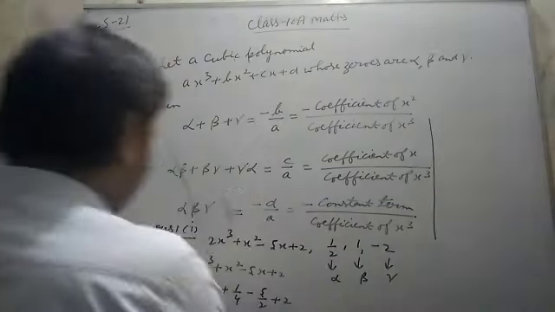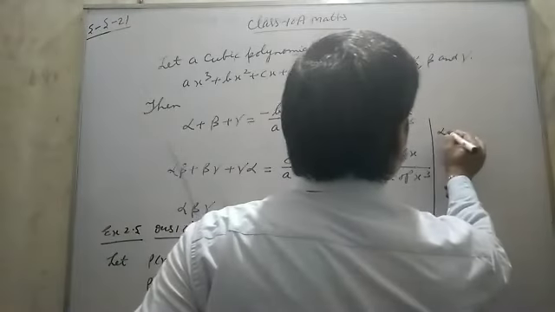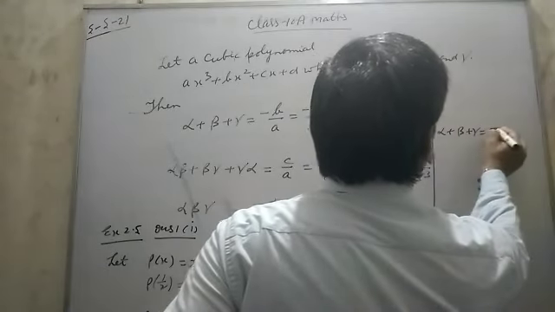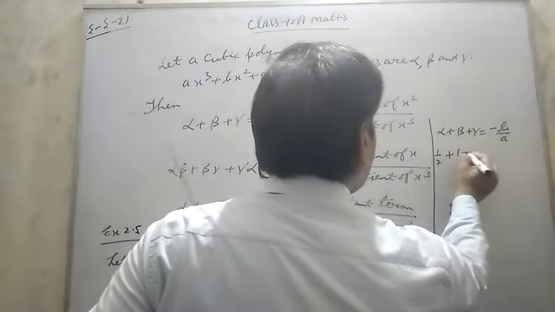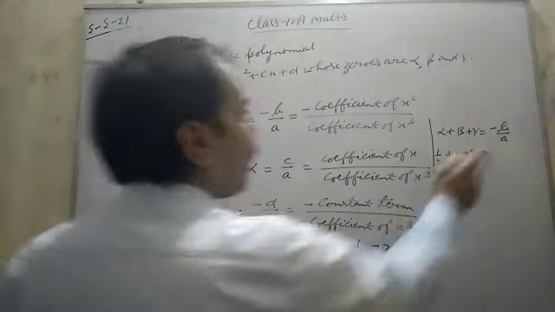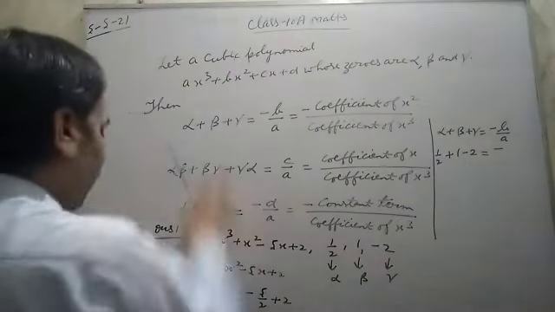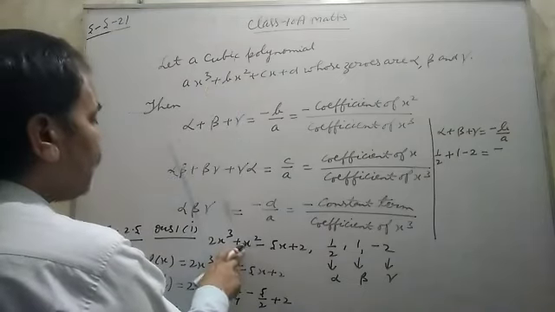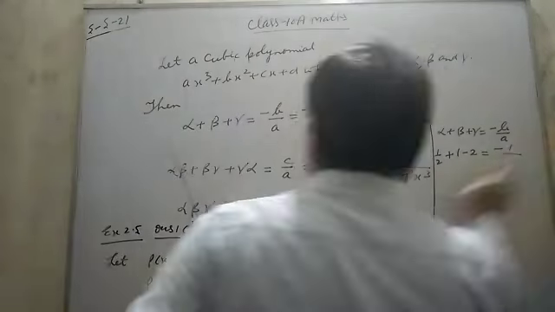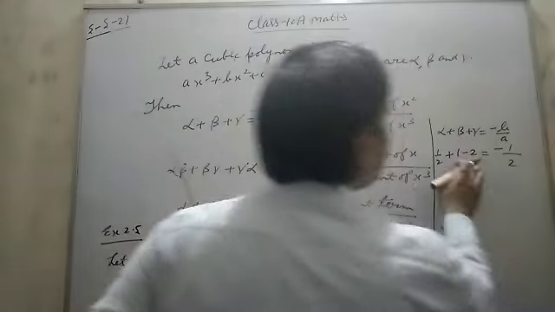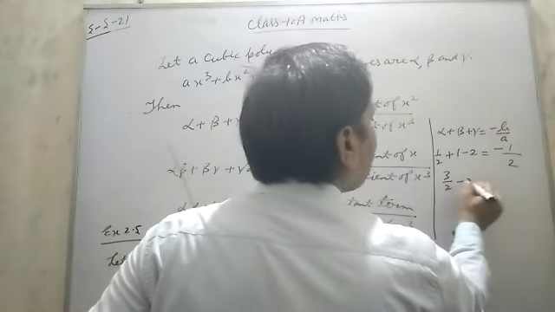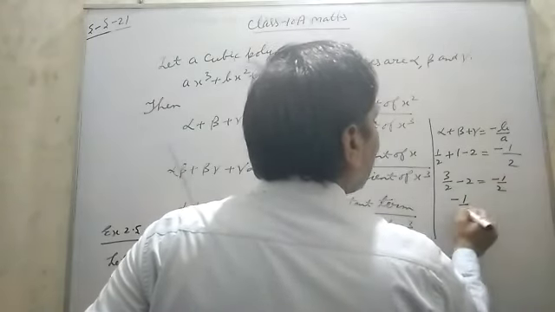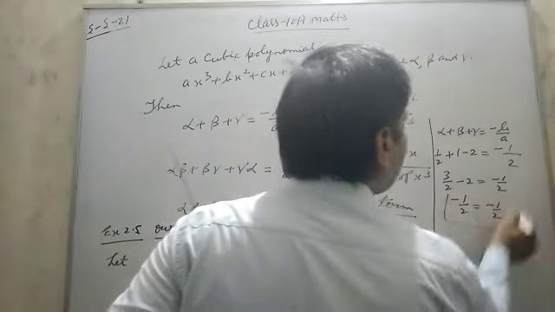So relationship, here you verify first alpha plus beta plus gamma equal to minus b upon a, and alpha beta gamma, 1 by 2 you will take here plus 1 minus 2, okay, minus b, compare the given polynomial with this polynomial. So b is 1 and a is 2. So 1 by 2 plus 1, 3 by 2 minus 2 is equal to minus 1 by 2. So this minus 1 by 2 must be verified.